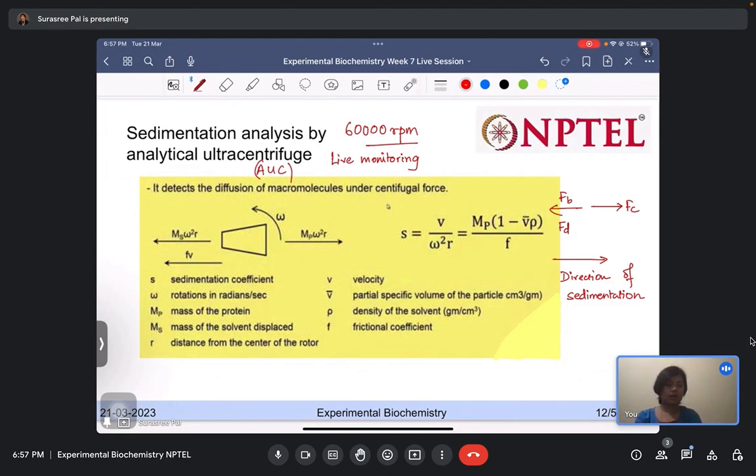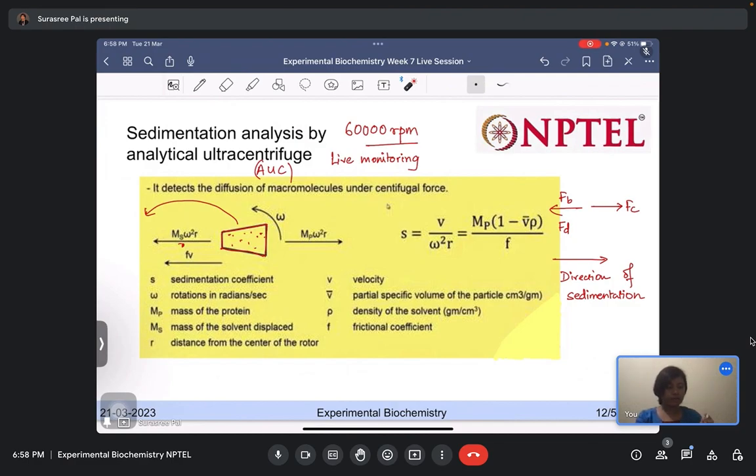Suppose this is a sample chamber in which we have taken our sample, and here is the center of rotation, and the sample is rotating like this. This is the speed of rotation, omega, in radians per second.